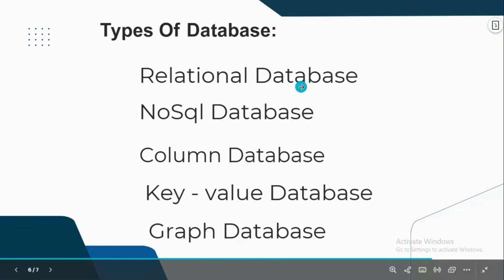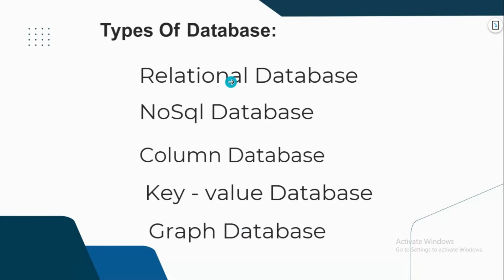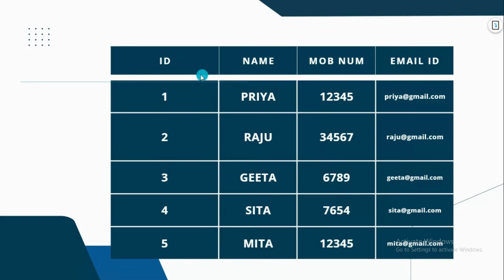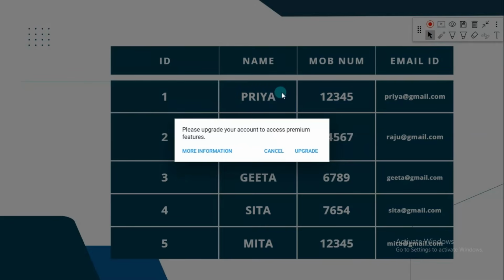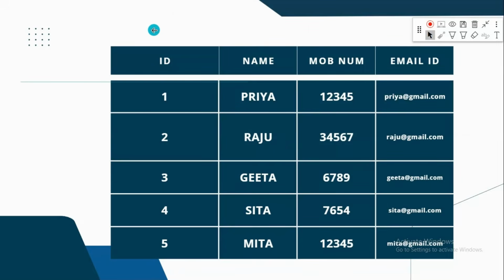Now what is the relational database? I'll explain this using this table. In this table, the ID, name, mobile number, and email ID, we call them columns, right?